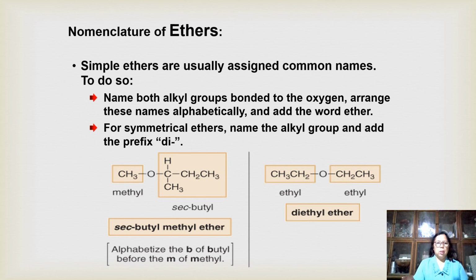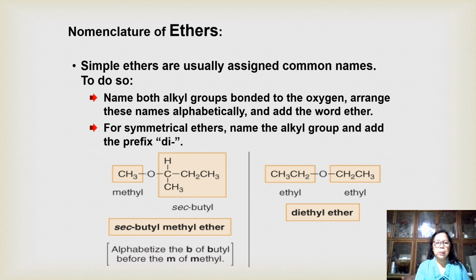Okay, so you write ether and then you identify the R or the alkyl groups. Here you have methyl. In this case, you have 1, 2, 3, 4. So it is butyl. So, sorry, this is butyl methyl ether. By the way, you write the one with the first letter as they appear in your alphabet.